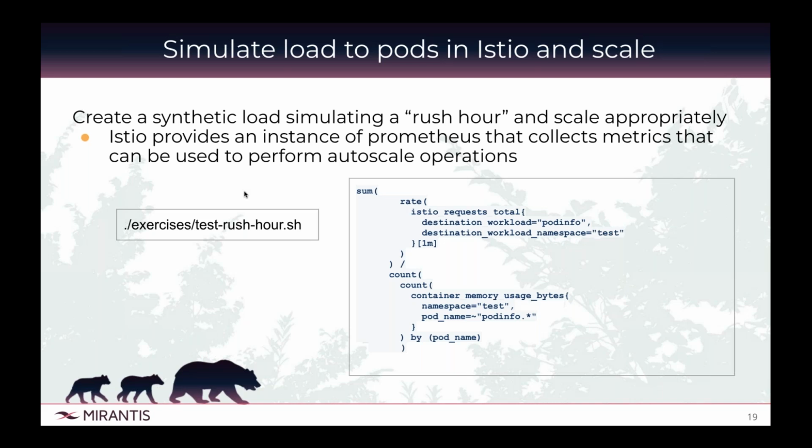And so the next demo is basically we're going to simulate a load to pods in Istio and scale. We're basically using here the built-in Prometheus container that comes with Istio. Istio deploys a Prometheus container that the Envoy pods that get created basically send transaction information. And you can see that Istio is keeping a request total for pods.